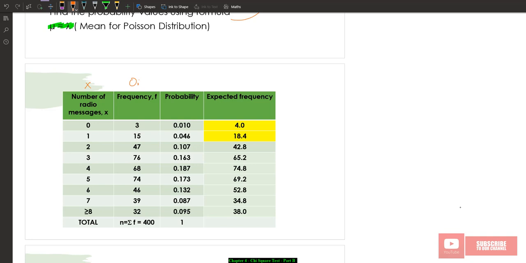The next column is our probability value. The probability value is obtained from the formula P(x) equal to exponential negative lambda, lambda power of x, over x factorial.